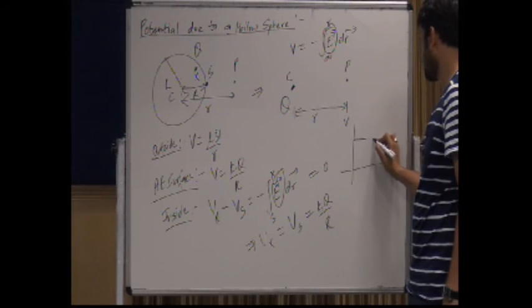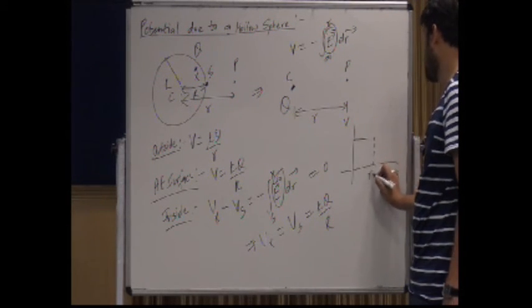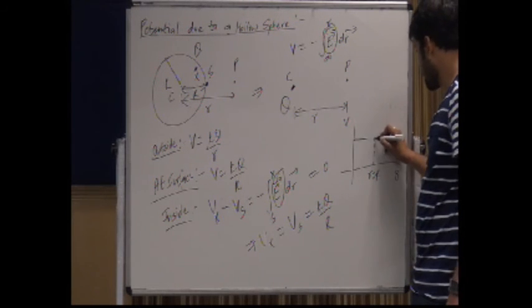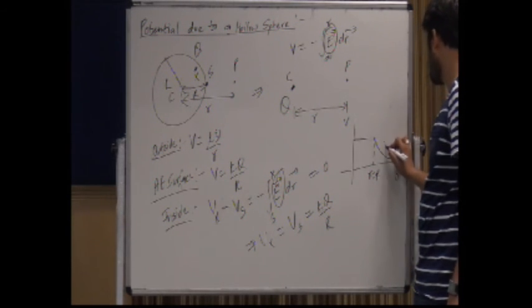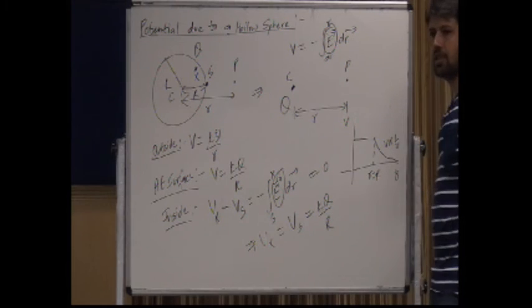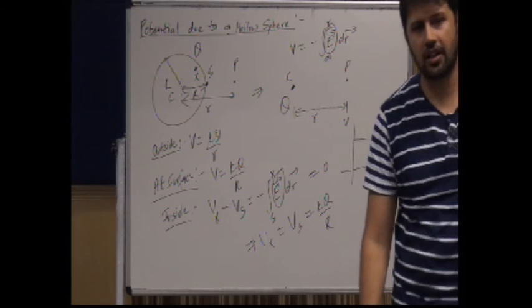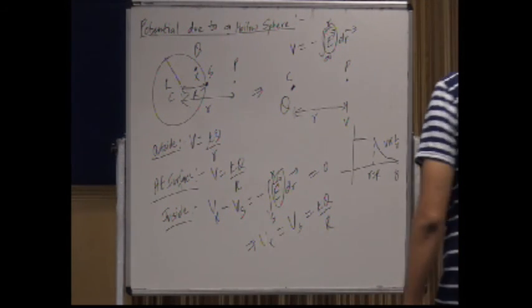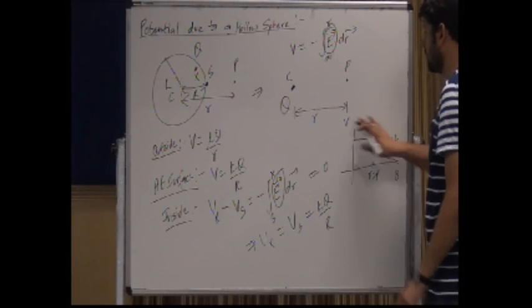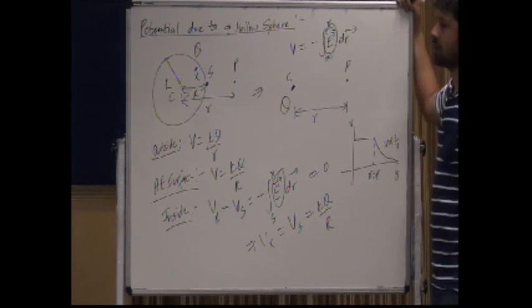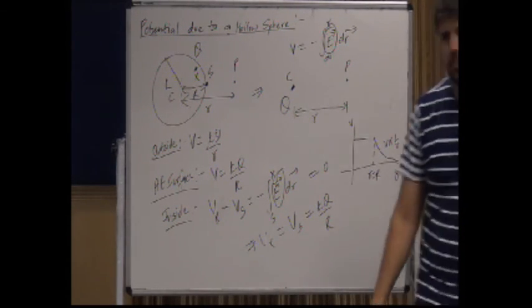The potential is constant till surface point, after which it drops off in a rectangular hyperbola type of manner. Okay. This is for hollow sphere.